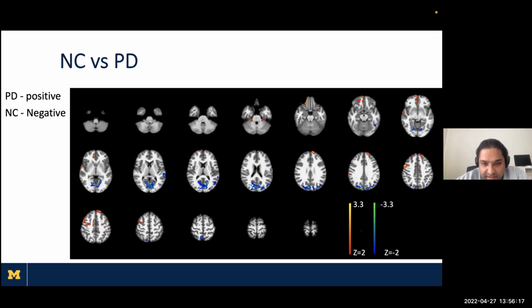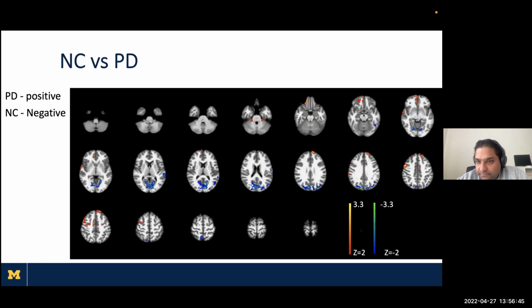And here what we see is that in PD, the binding is higher in cerebellum, frontal lobe, and supplementary motor areas, whereas in PD it's lower compared to normal controls in cuneus, precuneus, and occipital and angular areas.